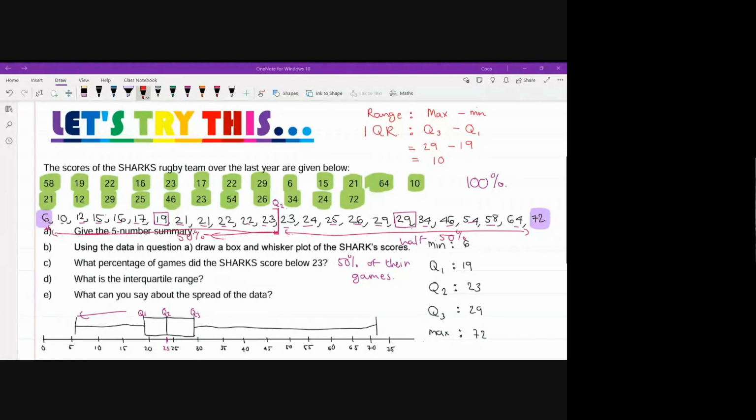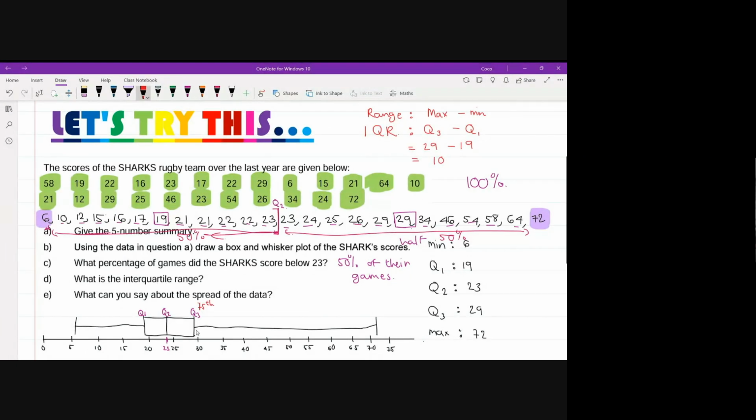But what I'm basically asking is, what can we say about the spread of data? We can tell by looking at this that most of it is condensed in the top half or in the bottom half of the data. This is Q3. Remember, Q3 is the 75th percentile.